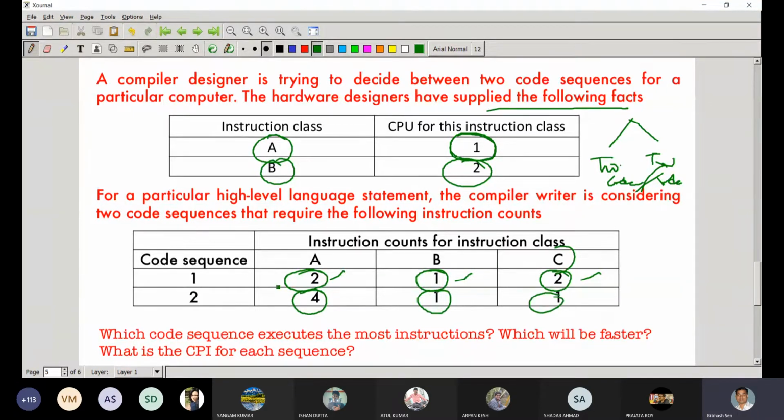So the total for code sequence 1 is 2 plus 1 plus 2, which is 5, and for the other 4 plus 1 plus 1, which is 6. Which code sequence executes the most instructions? Which will be faster? And what is the CPI for each sequence? Tell me. Any idea?